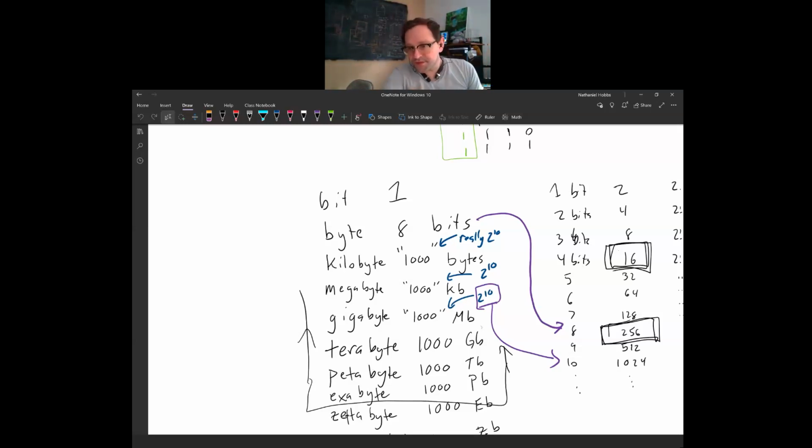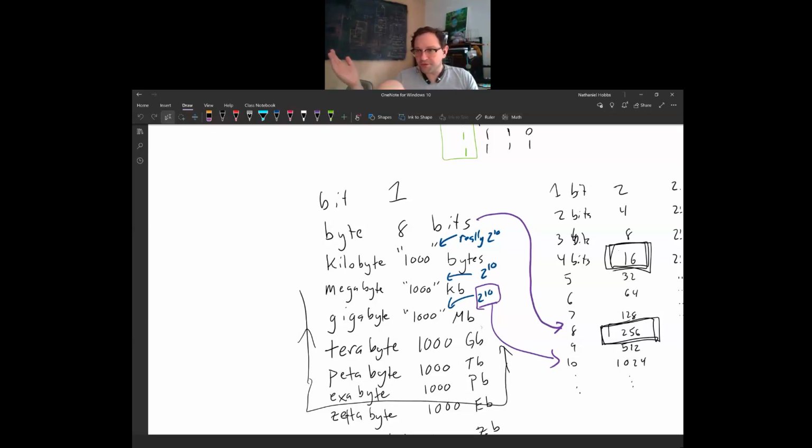Okay, so this is where we left off the last class and where I'd like to pick up today. My goal here is the idea of files, both on the software side and the hardware side, because when you're talking about the size of a file, that's something you can see on your computer.